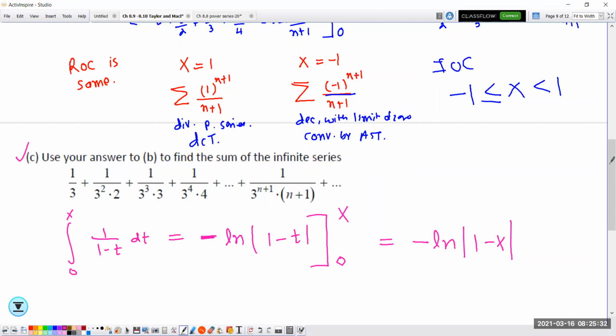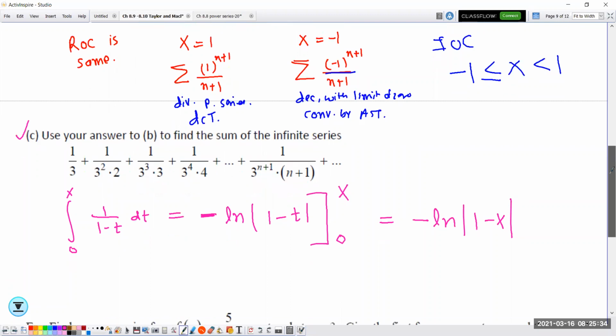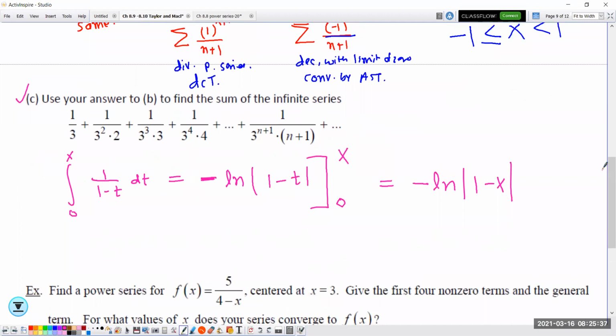So this is again a review. Let's talk about reviewing for the AP exam as well. This is the finale. Actually, I just changed the order. So I'm showing you here again. U is 1 minus t. Du is negative dt. Rewrite this as negative 1 over u du, which will be negative ln u, which will be negative ln of 1 minus t.